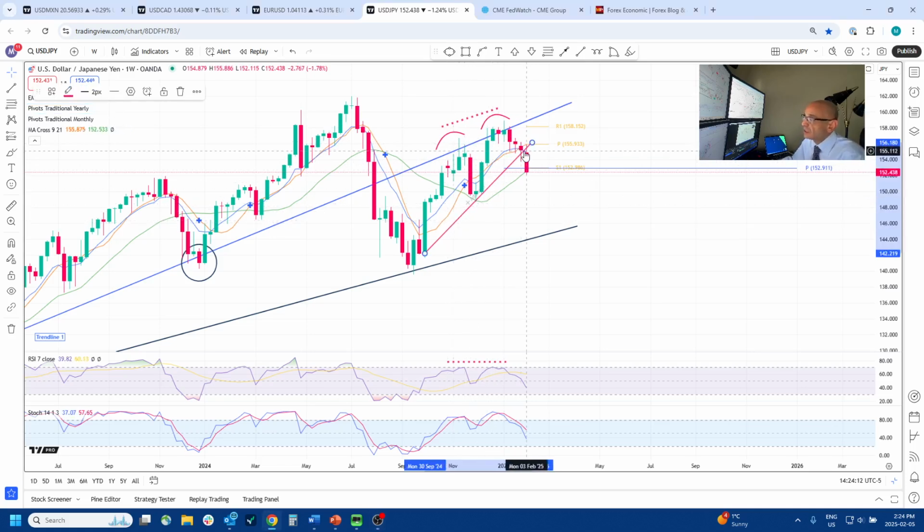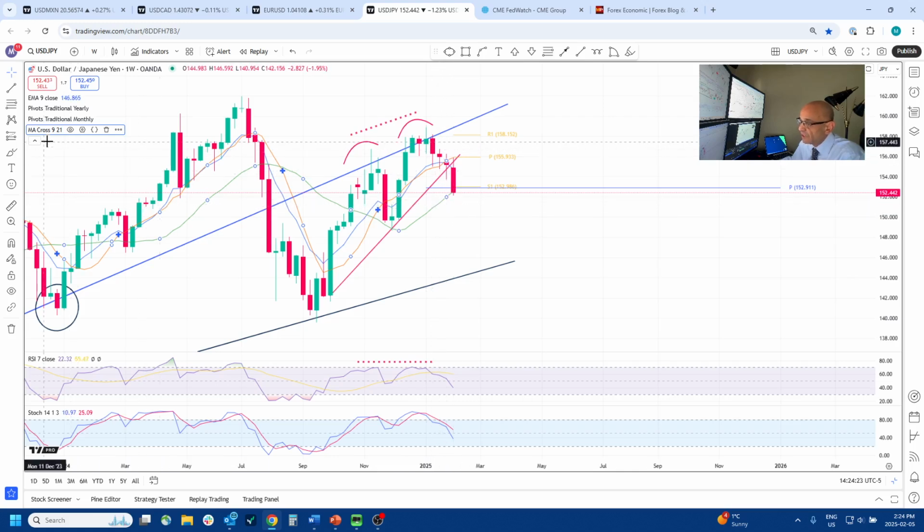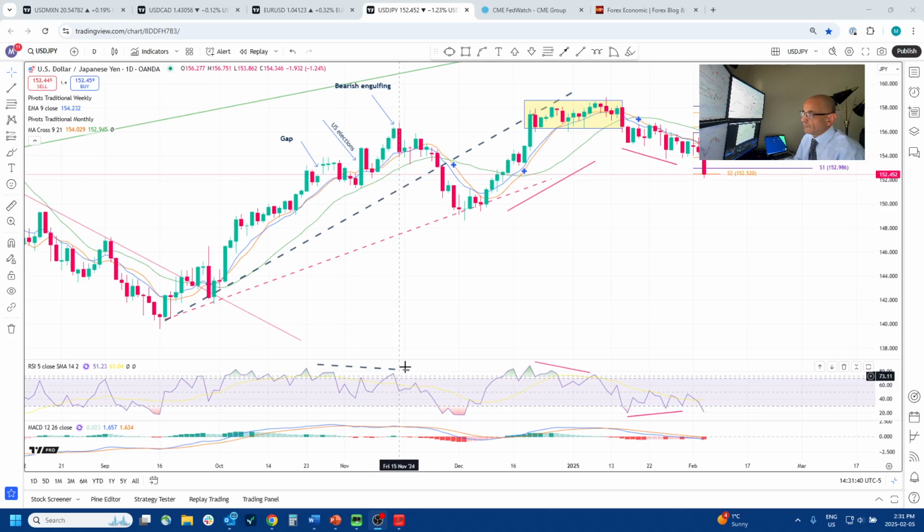Price action broke below the baseline where it's currently at a confluence of support represented by an intermediate moving average, the MA21, and the annual pivot point of 152.91, as well as a monthly support level of 152.98.